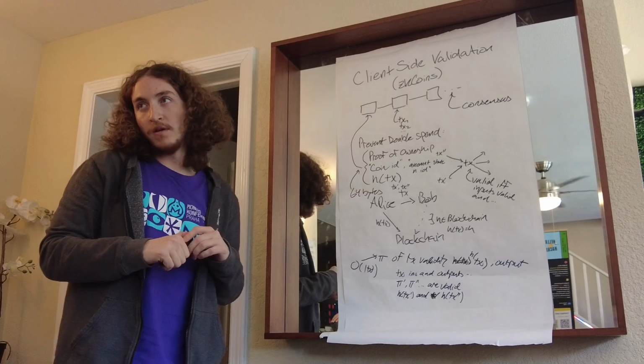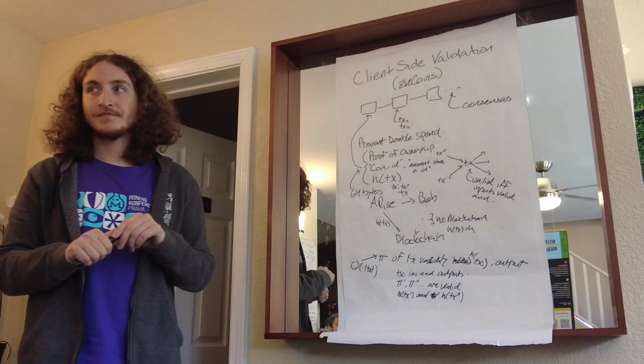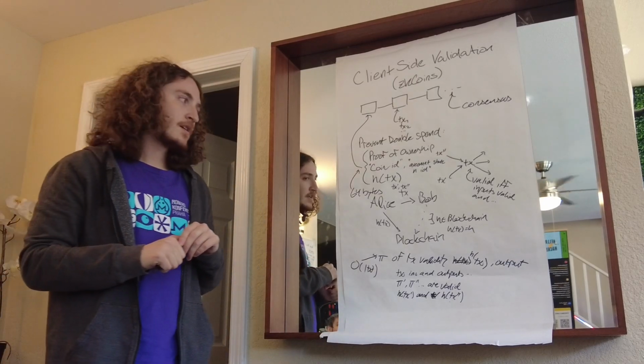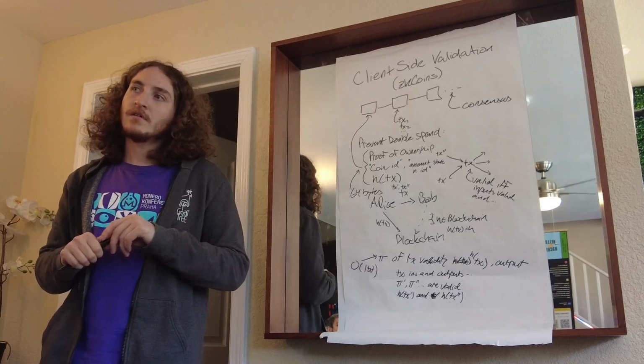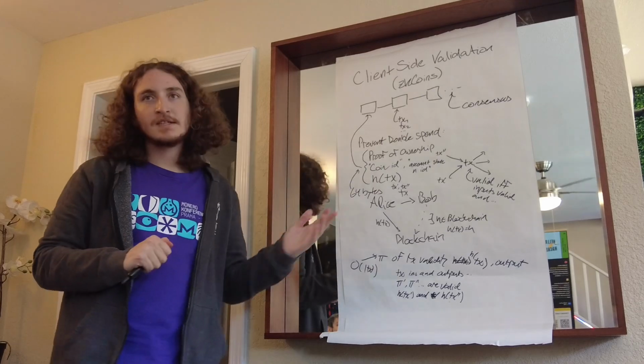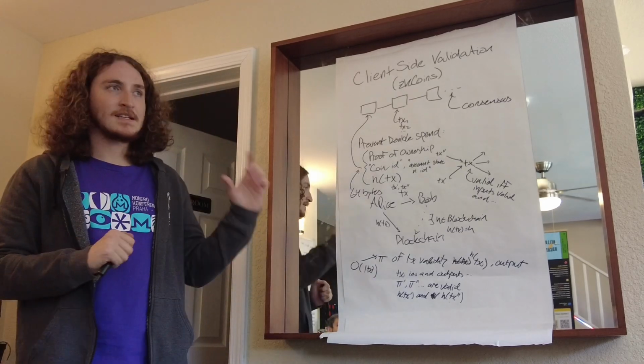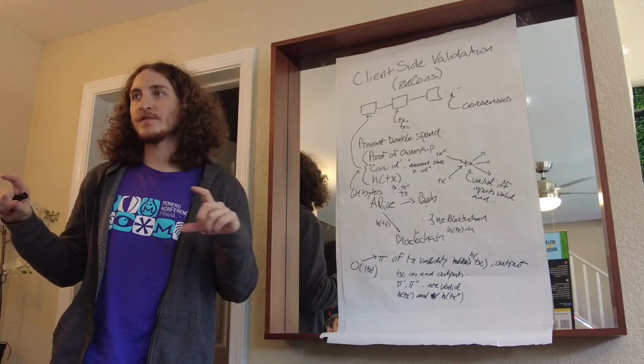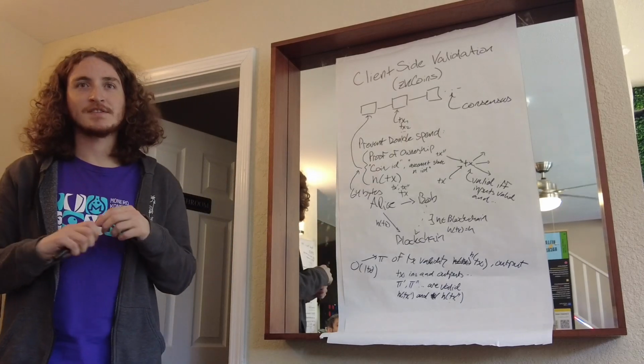I don't know. I've seen them talk about it. I don't think they've implemented it, but it seems to be in their plan. A lot of people will talk about it, like they'll describe a client-side validated protocol, and there'll be a sentence at the end, like, and you can use recursive snarks to compress the transaction history to constant size.